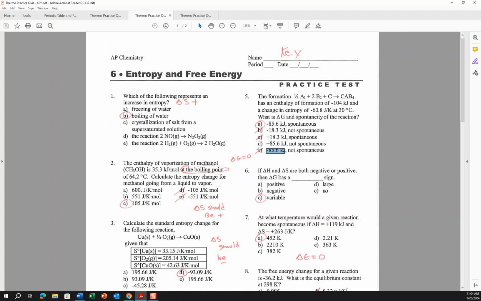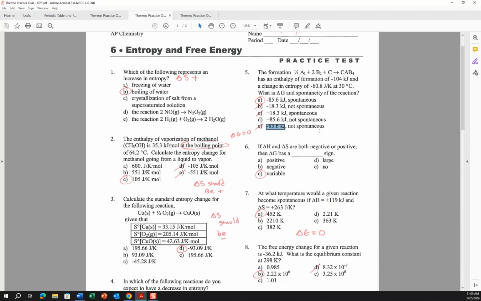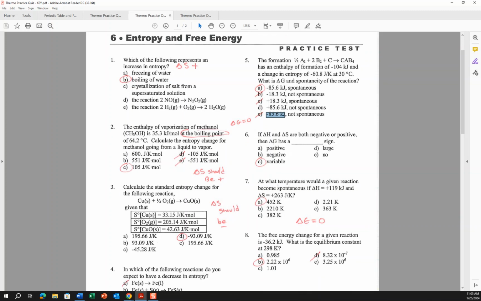So if we go to number 6, if delta H and delta S are both negative or both positive, then delta G is variable. Remember, the times where delta G could be negative or positive, depending on the temperature, is when you have a negative delta H and delta S combo, or a positive delta H and delta S combo.